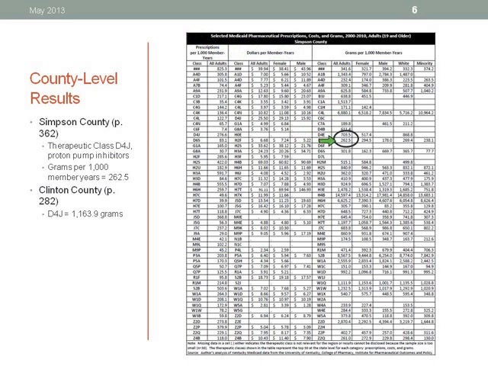And there is 262.5 grams per 1,000 member years, which I'll explain a little bit more in a second how that's calculated. It's analogous to a per capita basis. And you can see that it's for all adults.